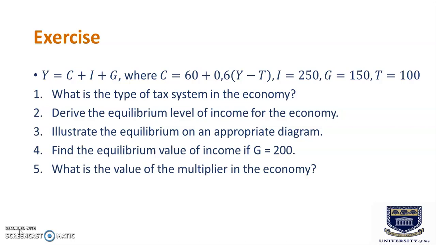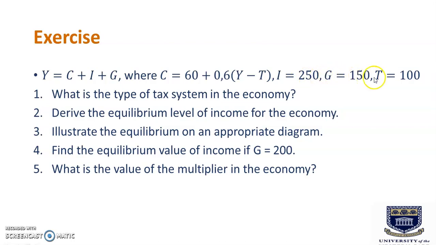Suppose you are given the following information: Y is equal to C plus I plus G, where your consumption function is given as 60, that is your autonomous consumption, plus 0.6, that is your MPC, times (Y minus T), which represents the disposable income, Yd. And then you have investment spending equal to 250, and government spending equal to 150.